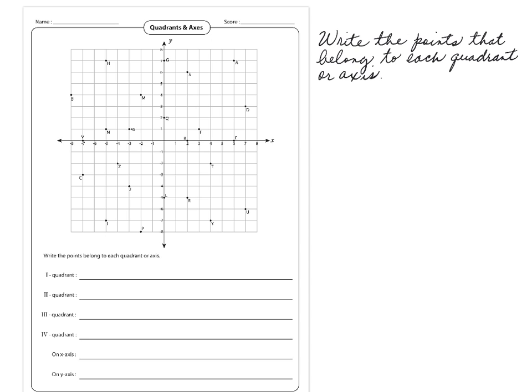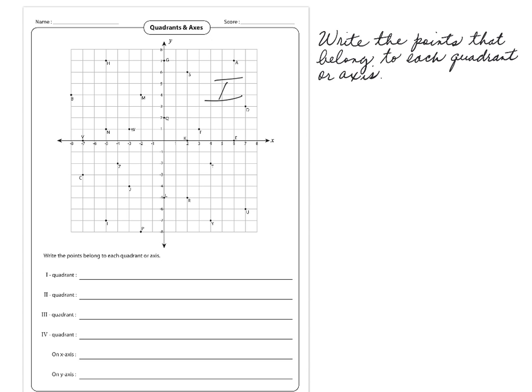Now we're going to write the points that belong to each quadrant or each axis. Very quickly here, we want to locate points in the first quadrant. Well, where is the first quadrant? Up here in the upper right hand corner.